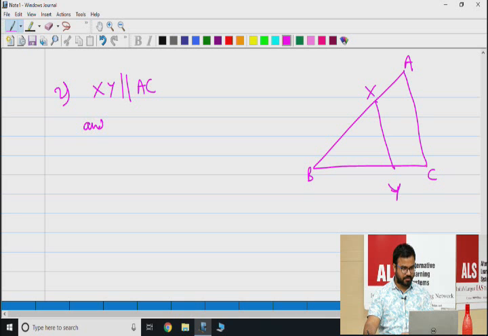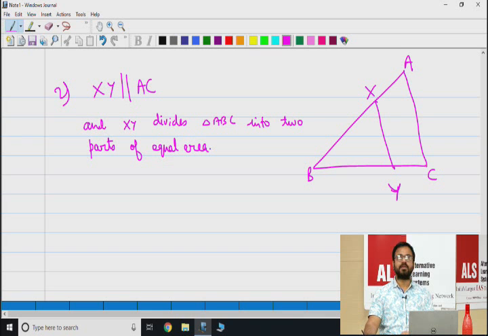And one important point is that XY divides triangle ABC into two parts of equal area.